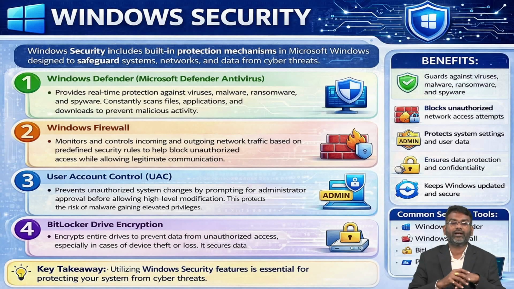And next, going with the user account control. What exactly is user account control? Every system is used by multiple users, and every user has their own access privileges. Depending on the access control policies and privileges for every individual user, we provide the required security mechanisms. Generally, the admin has different access privileges.